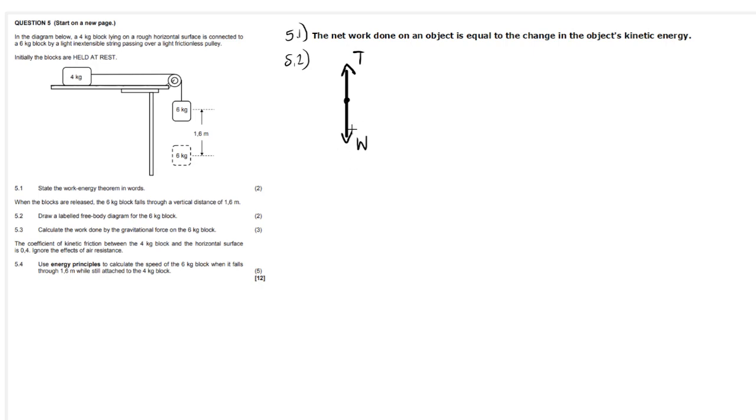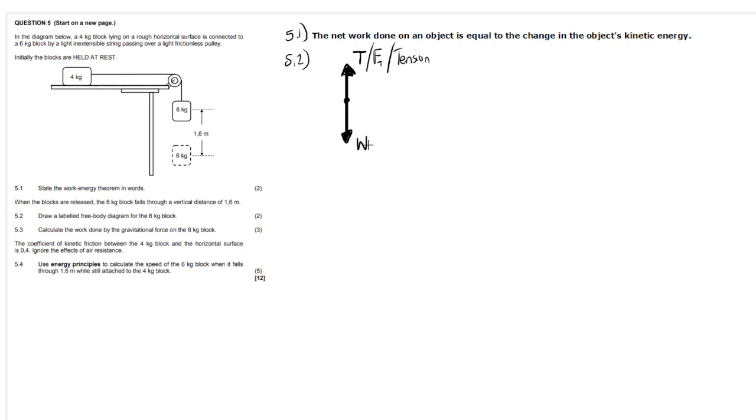Please note that there are a very few number of labels that we can use to indicate these forces. Tension is allowed. They also allow the force of tension, like F subscript T. They also allow you to write out tension. But as I've mentioned to you before, we will stick with capital T.